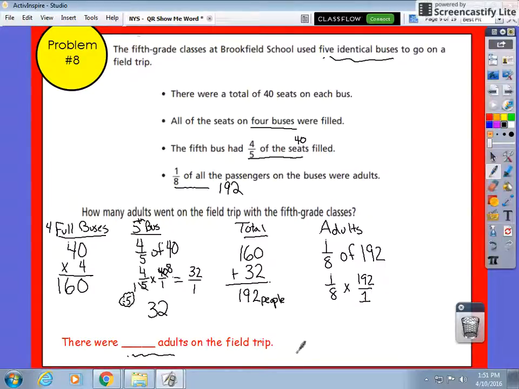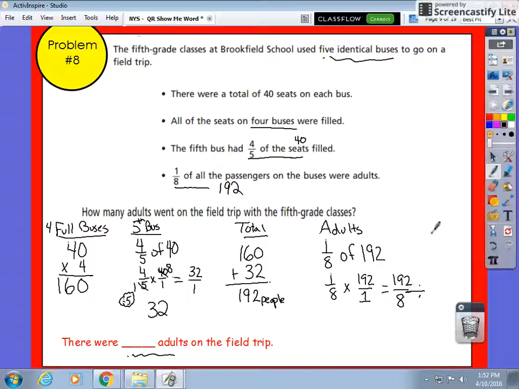Now I can see that I could probably cross divide for this, but I also see that I have two 1s. So it might be just as easy to multiply my numerators and multiply my denominators, because that's going to create a fraction division that will help me to find how many adults were on this trip.